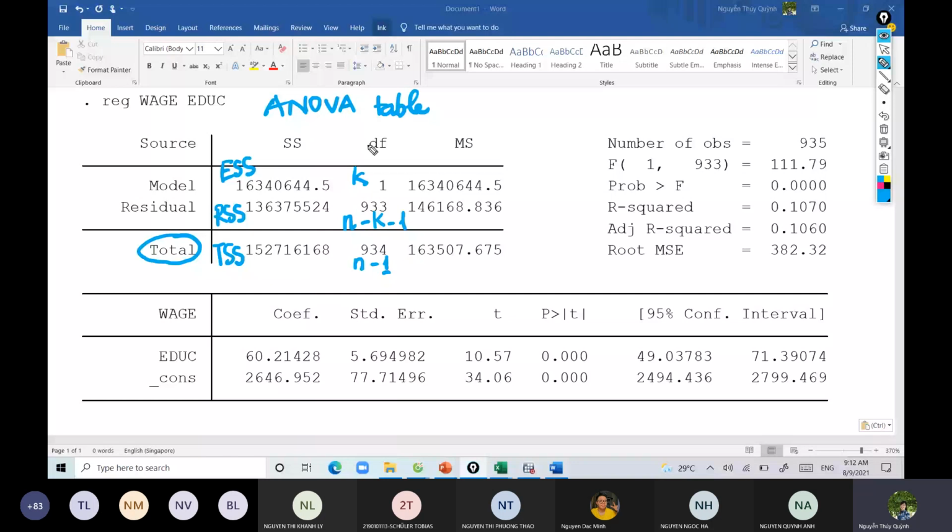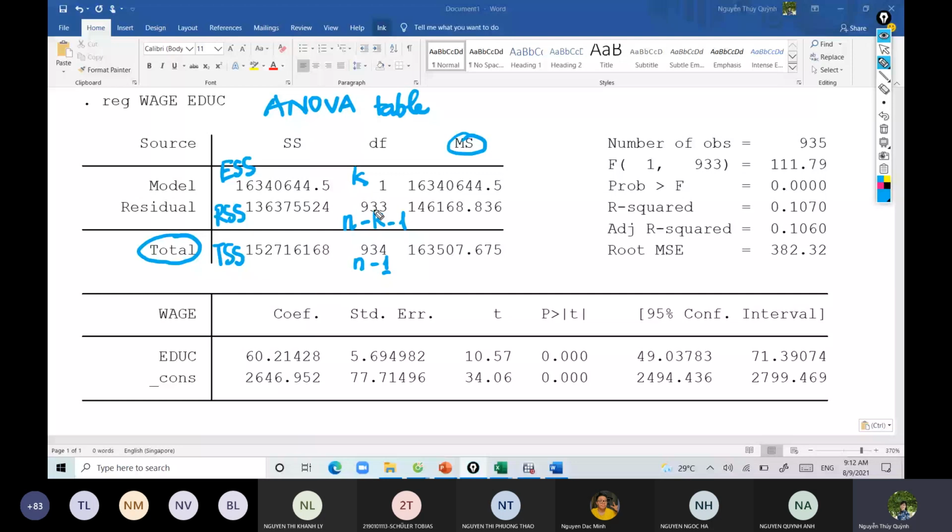Just take this one divided by this one, you will get this one. Okay, and so what is this one?